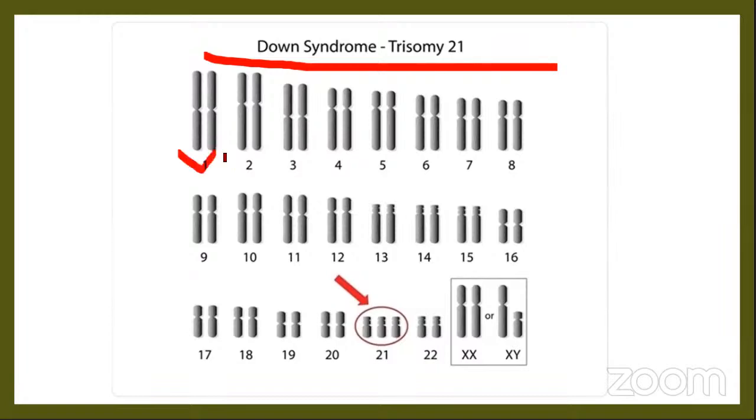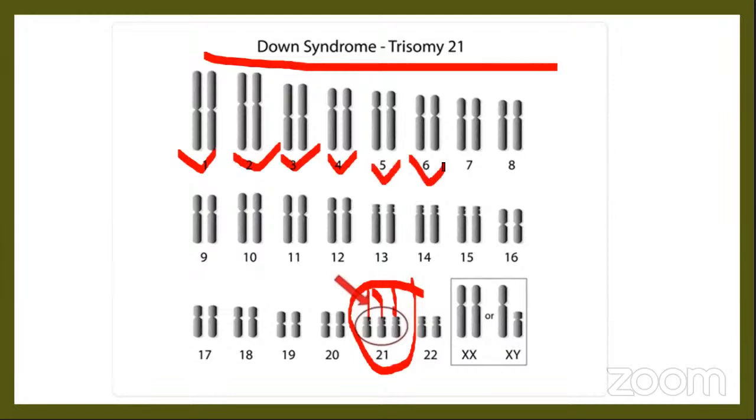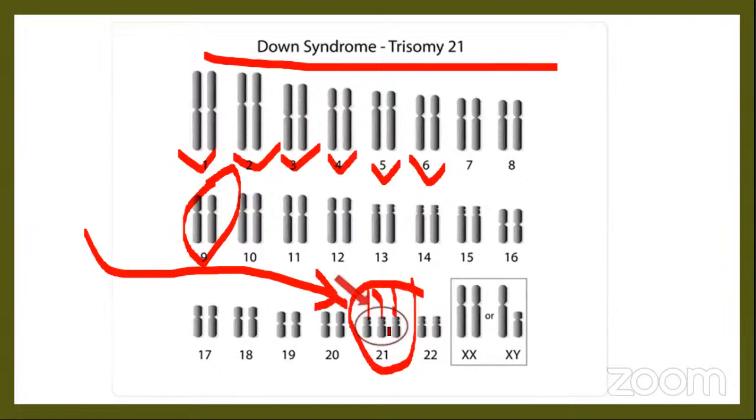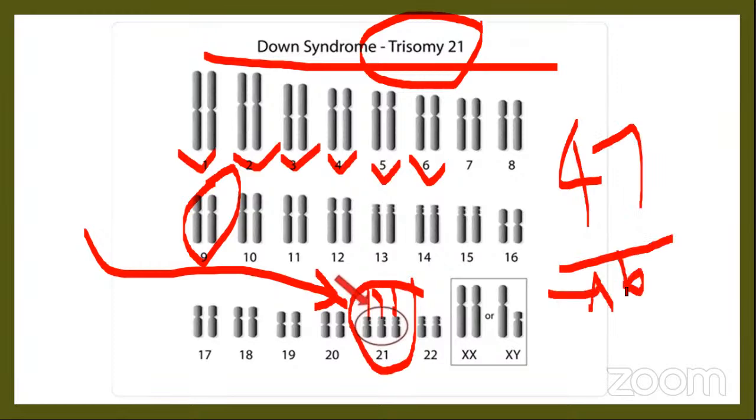You can see this is the first pair, second pair, third pair, fourth pair, and in the 21st pair you can see there are 3 chromosomes. Normally all have only 2 chromosomes, but only the 21st chromosome pair has 3 chromosomes. One more chromosome is added, hence it became trisomy. Overall it became 47, which is an abnormal condition.